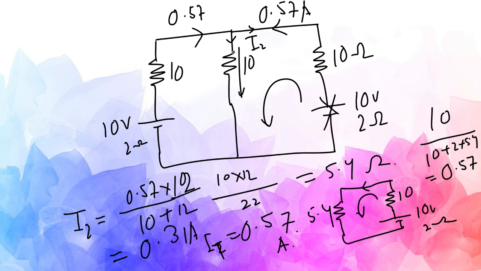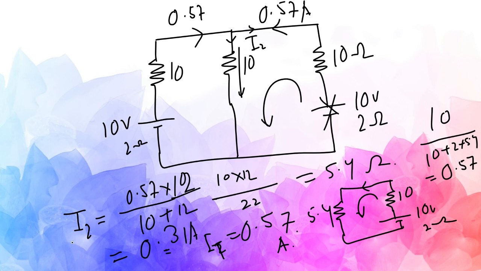Again the same calculation, the current dividing rule. This is 12, and this low resistance path will give high current. That is why 0.57 into 12 by 10 plus 12. The current is again 0.31 ampere.